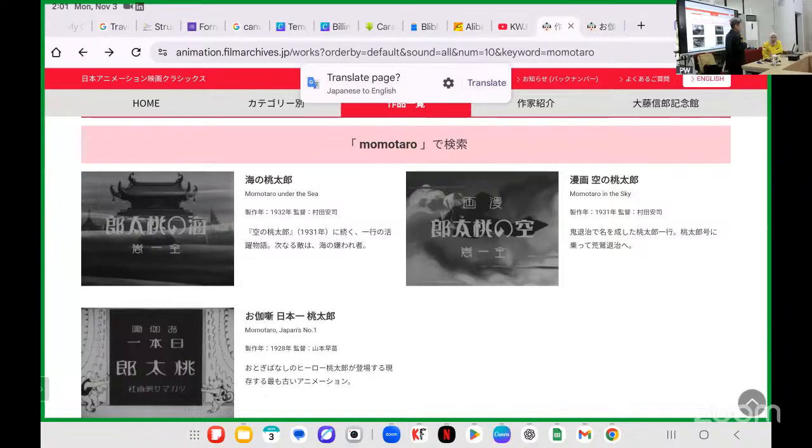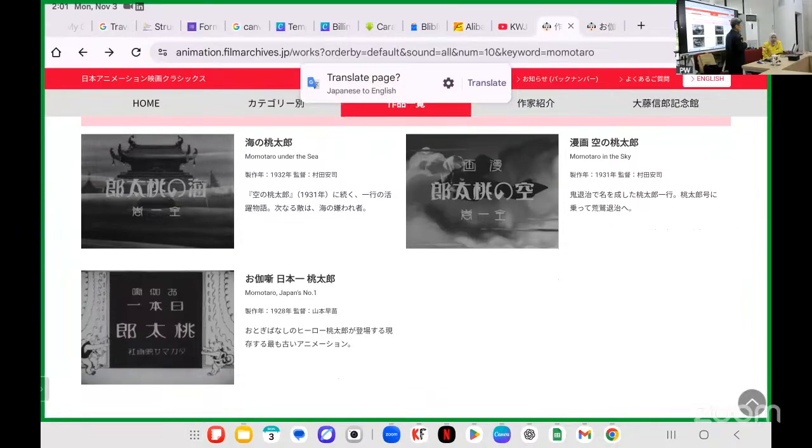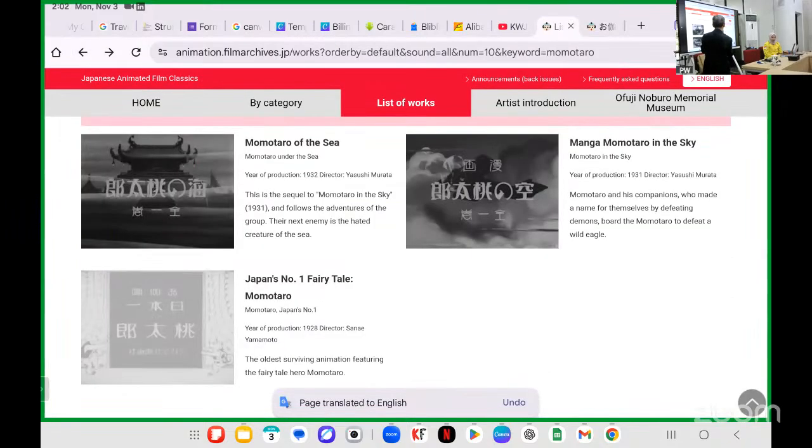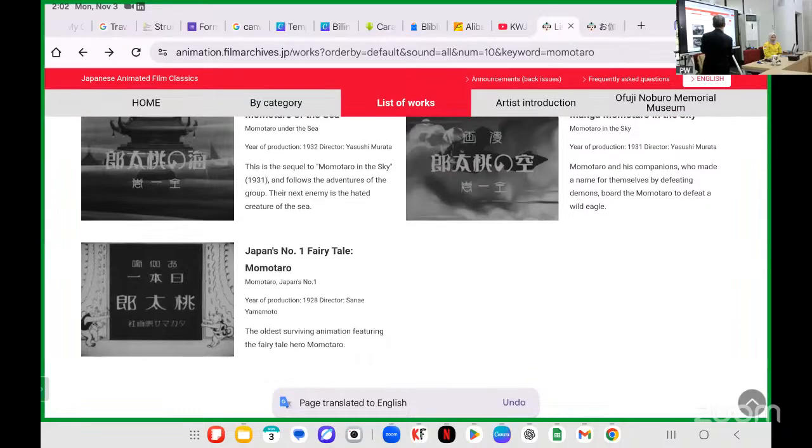Maybe I think these two animation films, one released in 1931, and another in 1932, show how Momotaro was modernized, and how and why Momotaro tried to catch up with the age of the 1930s, and what happened in the history of the Japanese modernization process.